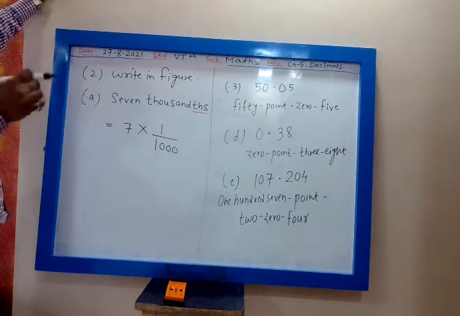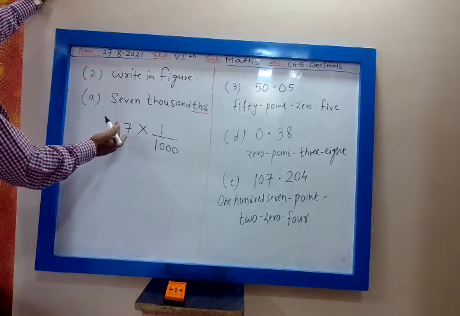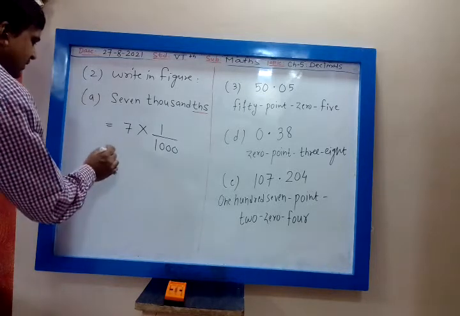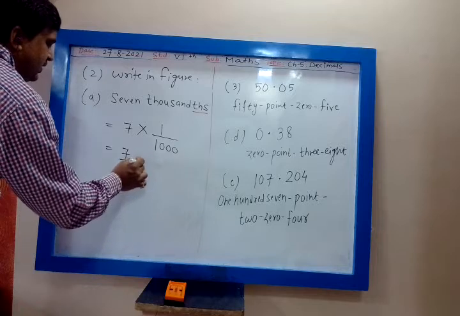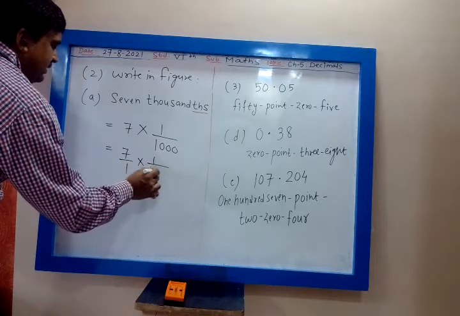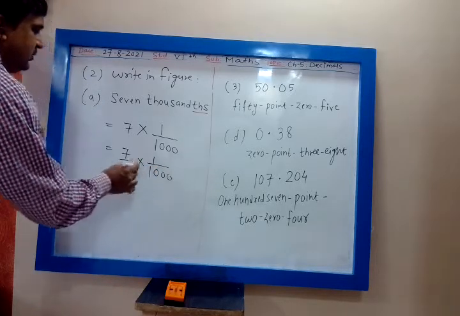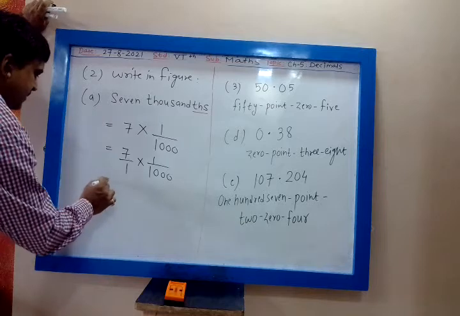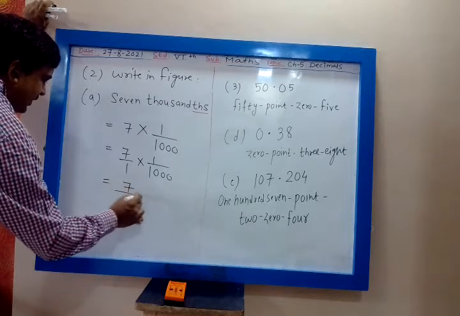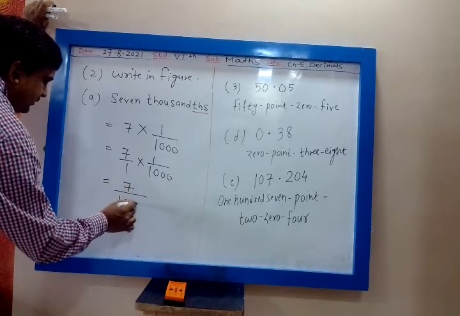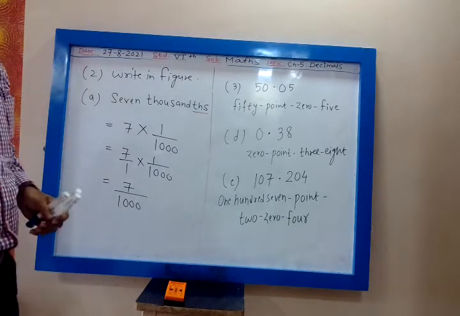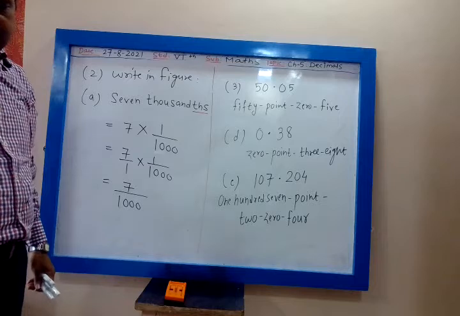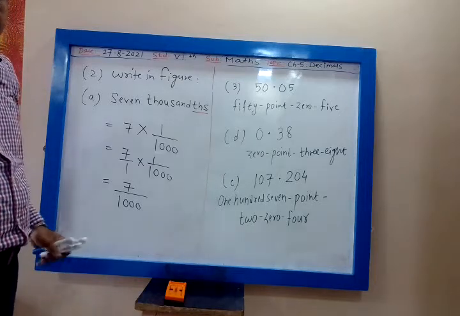You have studied fractions. 7 I can write as 7 upon 1. 7 upon 1 into 1 upon 1000. So it is multiplication of two fractions. Multiply numerator to numerator, denominator to denominator. So that is 7 upon 1000. This is the answer. There is no need to write it in decimal.